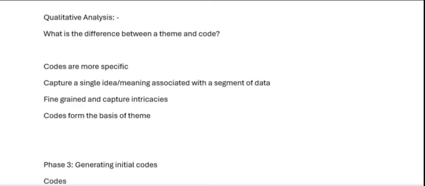Prentice Hall. Lyons, E. and Coyle, A., 2016. Analysing Qualitative Data in Psychology. Sage. Terry, G. and Hayfield, N., 2021. Essentials of Thematic Analysis, Essentials of Qualitative Methods. American Psychological Association, APA. Willig, C., 2013. Introducing Qualitative Research in Psychology. McGraw-Hill Education.